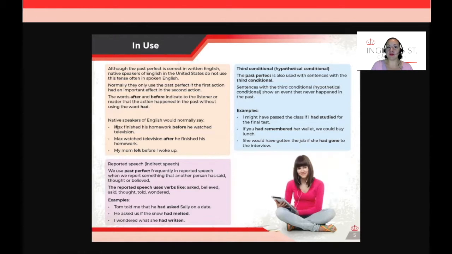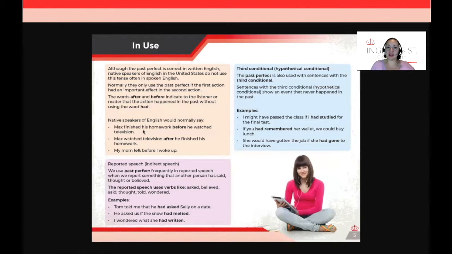Okay, so native speakers of English would normally say, Max finished his homework before he watched television. So as you can see, in both situations, the tenses are in past simple. This is the way they express a situation or two situations that happened in the past. So Max finished his homework.